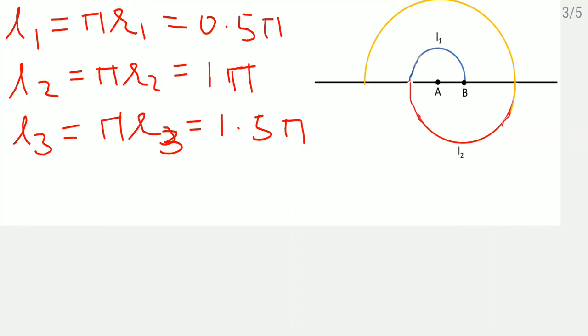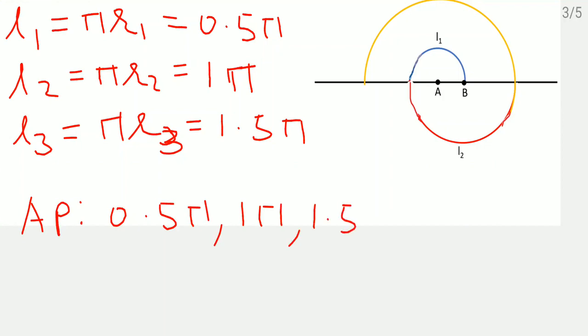In this way, how many semicircles are there? 13 semicircles. So here I'll just write down the AP format. AP: 0.5 pi, then 1 pi, then 1.5 pi, and so on till 13 terms. So here I'll write down n, which is equal to 13.